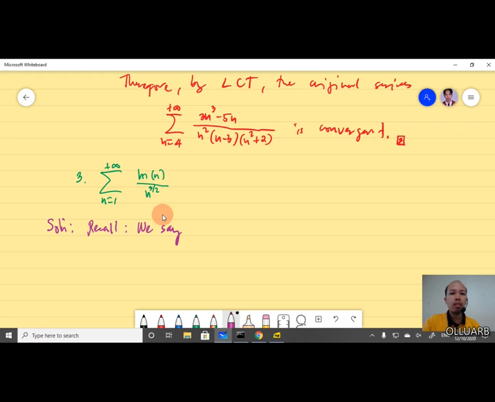Let's choose another color, say blue. We say f of x grows faster than g of x.